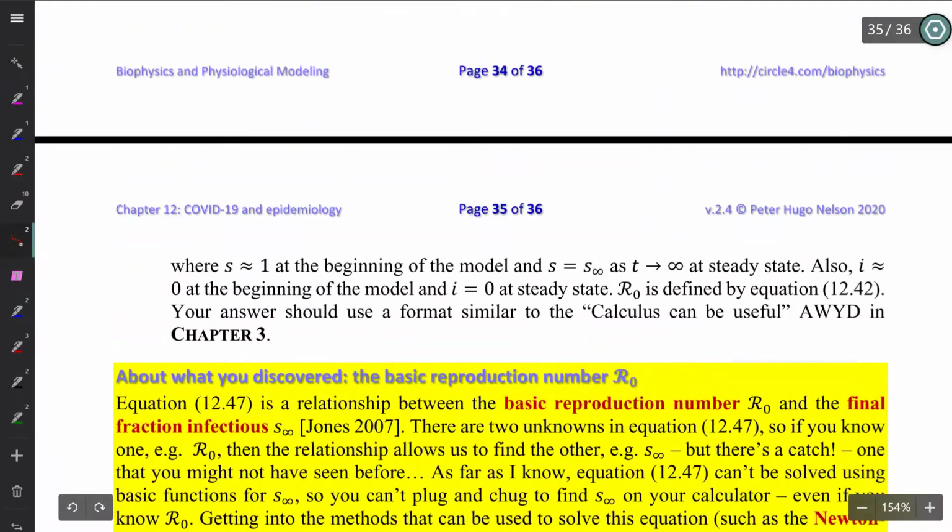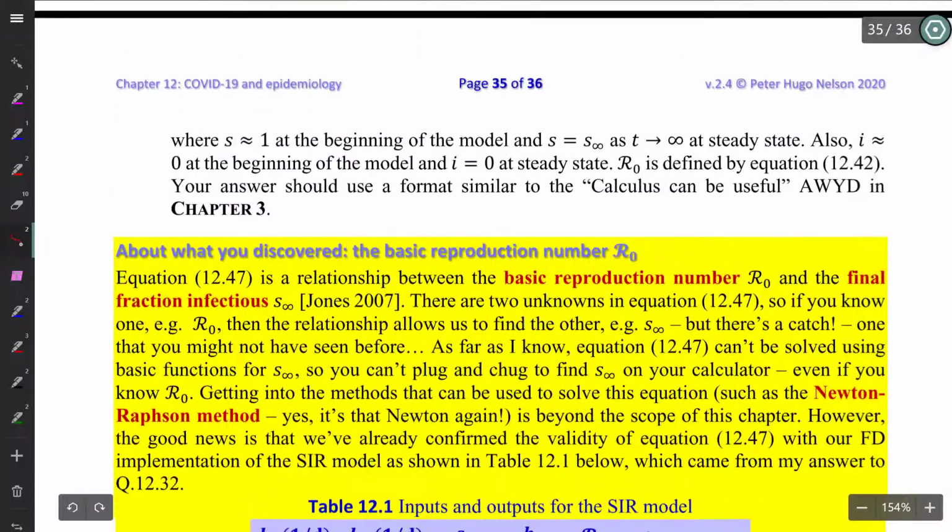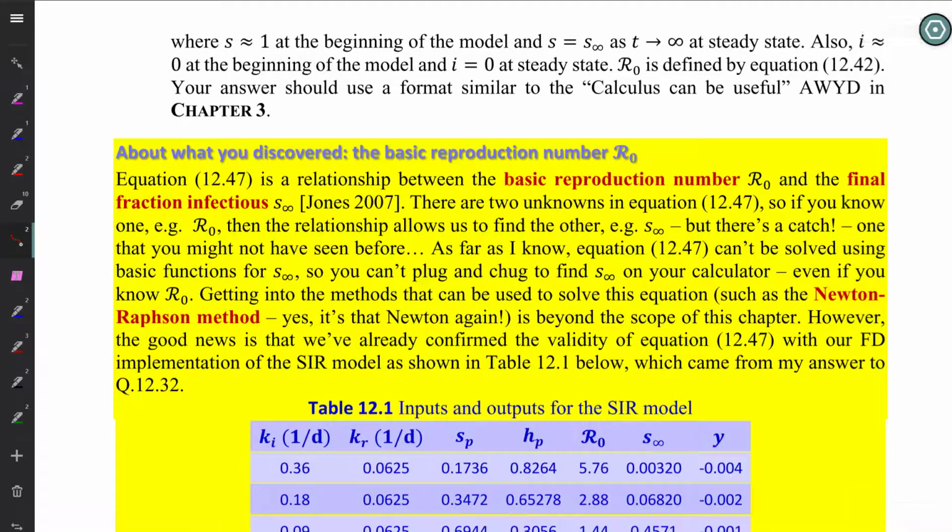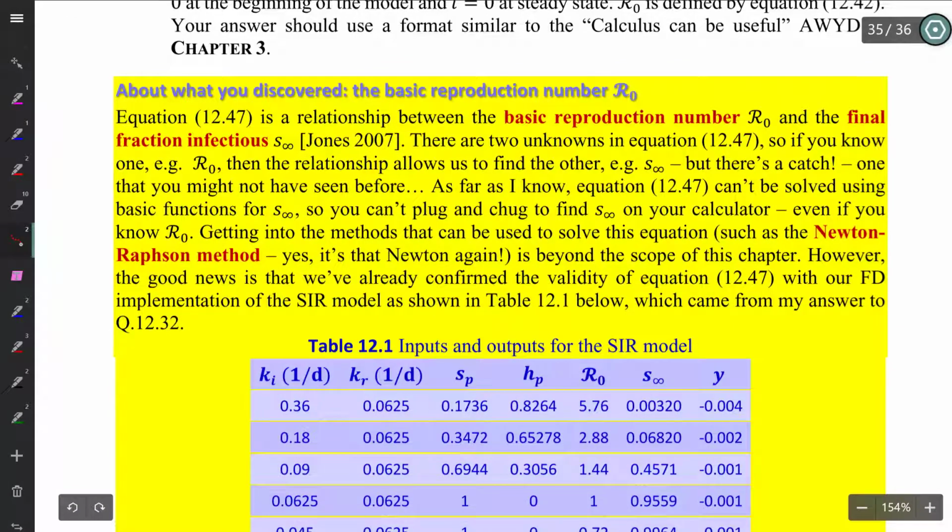then once you do that, we've figured out something actually quite important. So that's what this box is about. It's just talking about this basic reproduction number, R naught. And this is another reason why it's such a useful concept, apart from being something that's kind of intuitive.